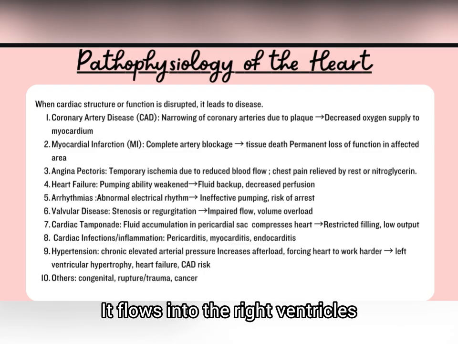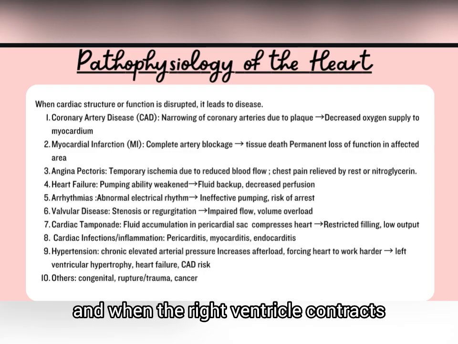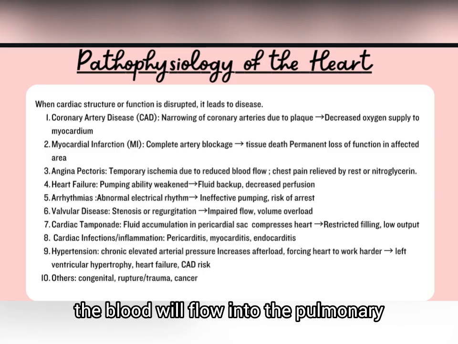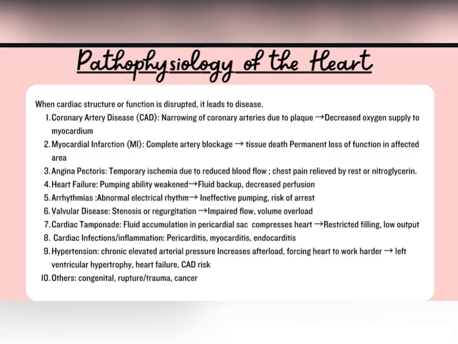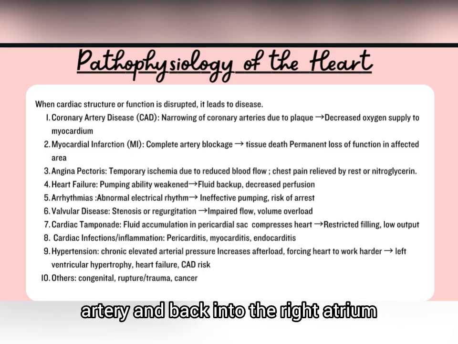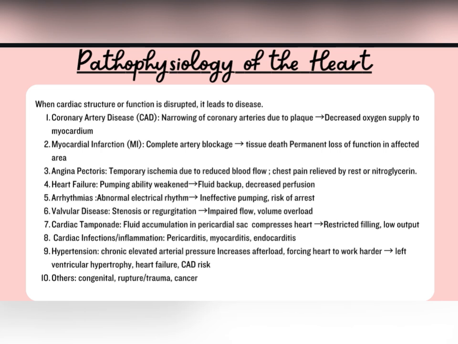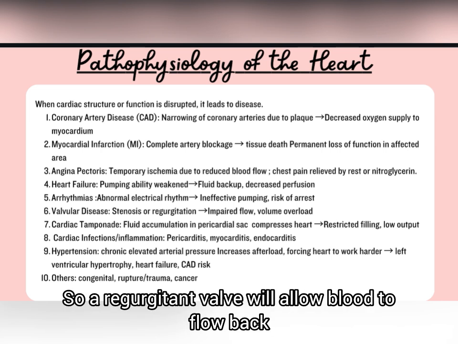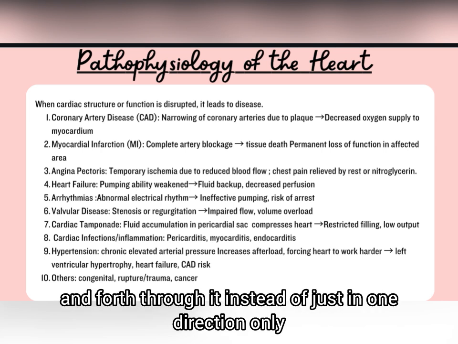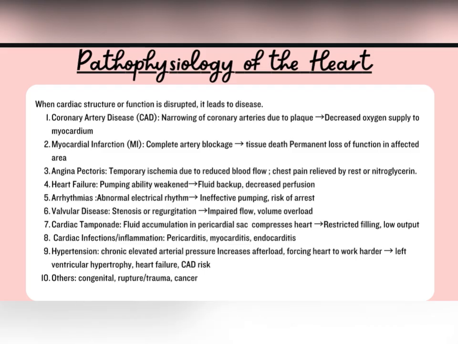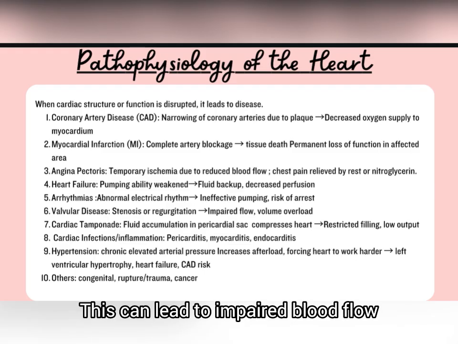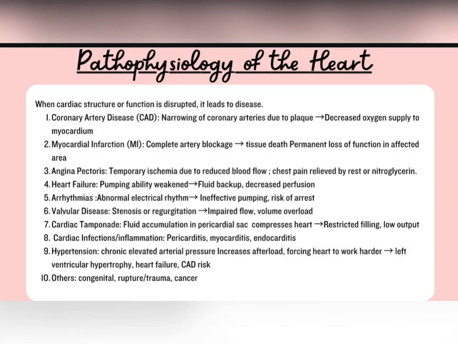It flows into the right ventricle, and when the right ventricle contracts, the blood will flow into the pulmonary artery and back into the right atrium. So a regurgitant valve will allow blood to flow back and forth through it instead of in one direction only. This can lead to impaired blood flow and volume overload.